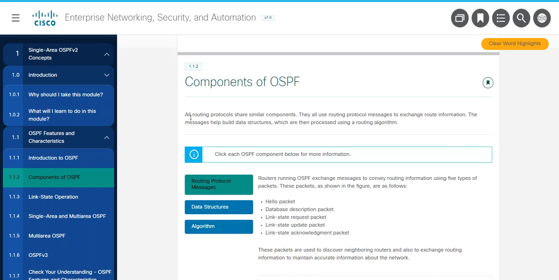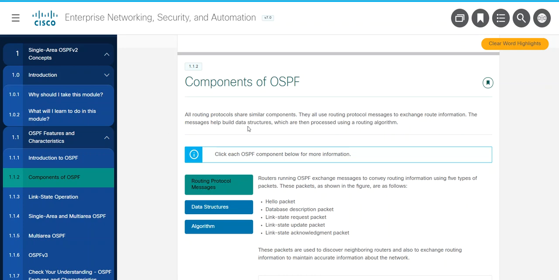So we will look at that. And then they also nominate or vote, or whatever you want to call it. They pick designated and backup designated routers if you're working in a multi-access or broadcast type network. So those are some of the things that we'll look at in the chapter.